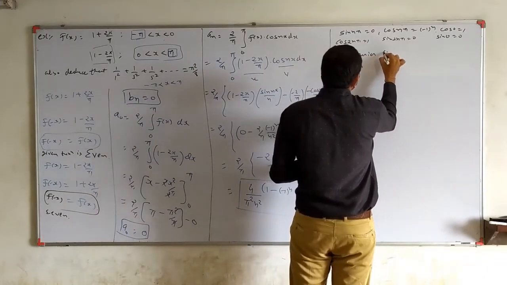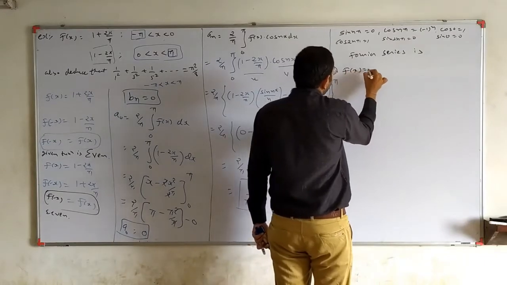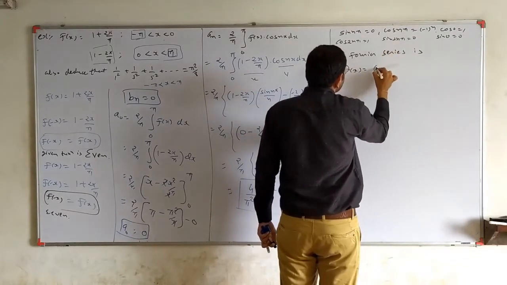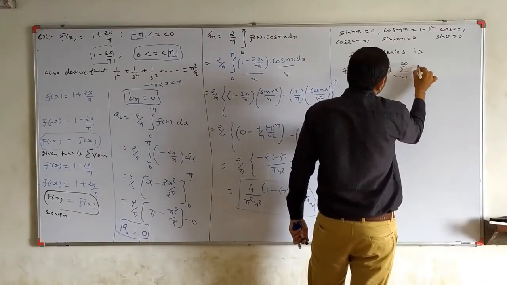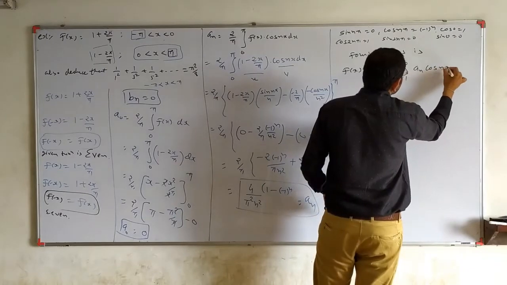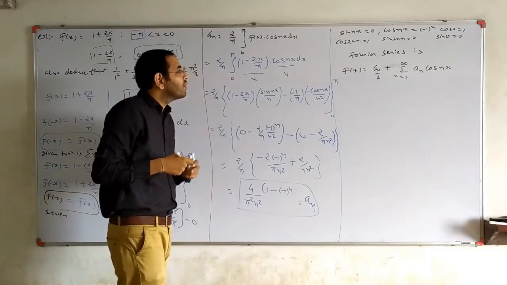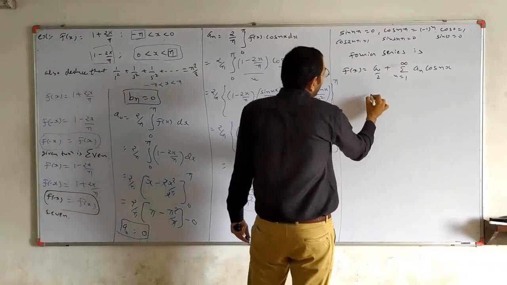The Fourier series is f of x equal to a0 by 2 plus summation n equal to 1 to infinity an cos nx. Now substitute the values: a0 is 0.